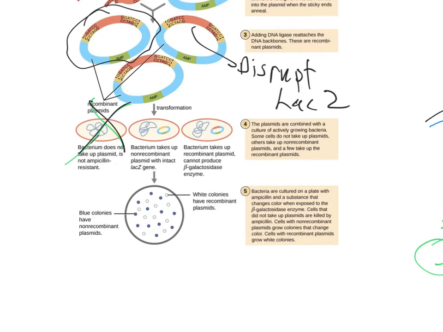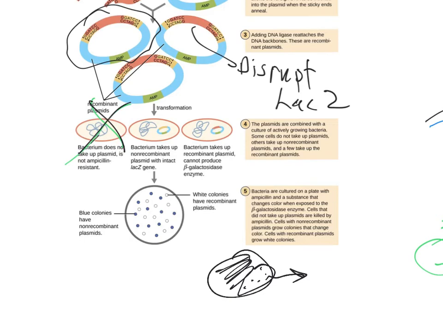So what people will do then is select these white colonies and replate them on a plate, and they'll grow a bunch of new colonies. These colonies contain bacteria that contain our plasmid, and then we can make more plasmid simply by growing the bacteria. That's a typical way to clone something.